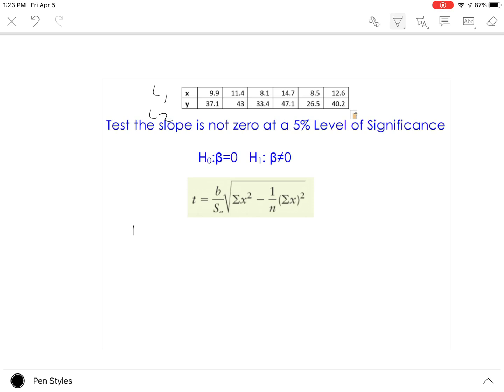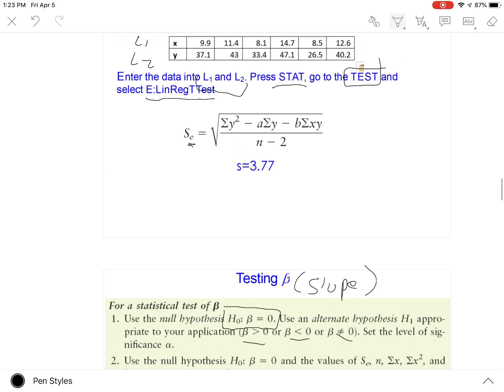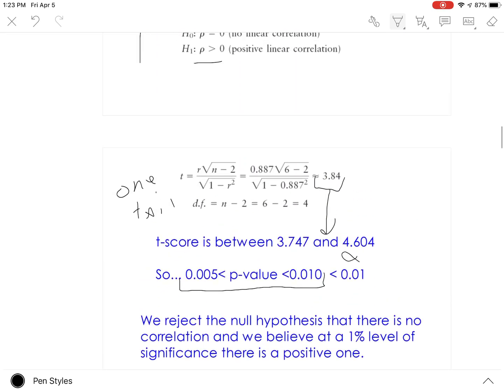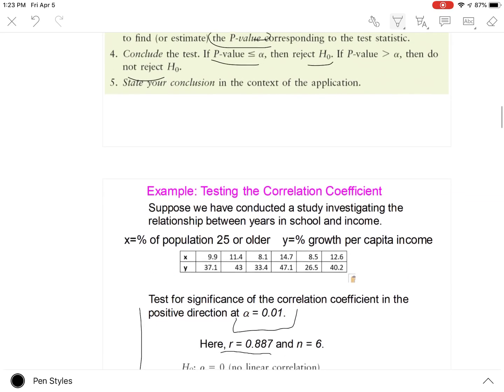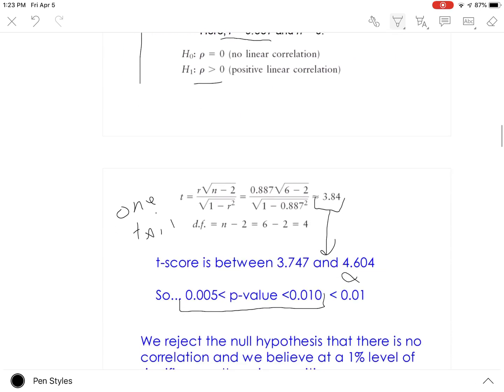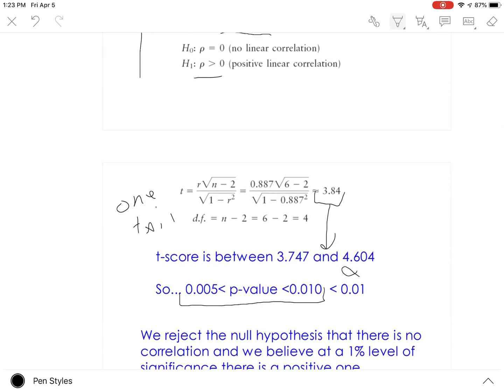If you run linear regression t-test, and this is actually the case for the last one, that t value is going to show up. In fact, that formula for t with the r, or rho, looks different, but it ends up calculating out the same 3.84.